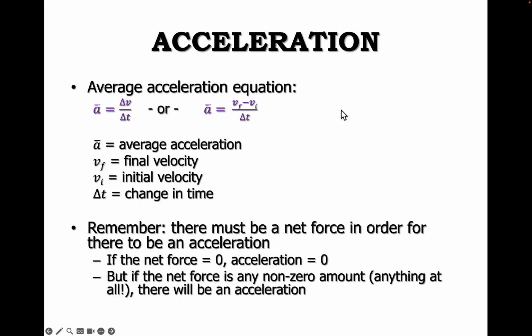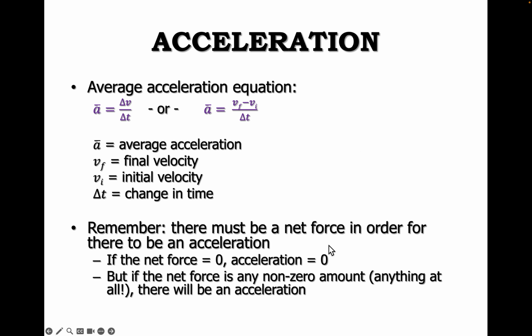So with acceleration, since it's a change in velocity over a change in time, the way you could calculate it is your final velocity subtracted by your initial velocity, divided by your change in time. Again, we're not going to harp a whole lot on actually calculating acceleration on a test, but it's good to understand for those of you who are more mathematically minded what acceleration looks like and how we could calculate it.